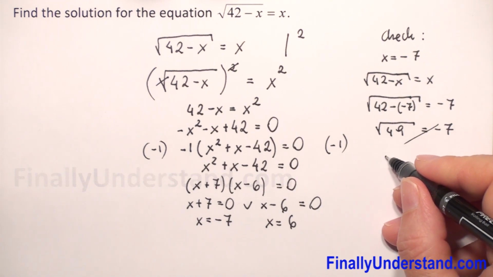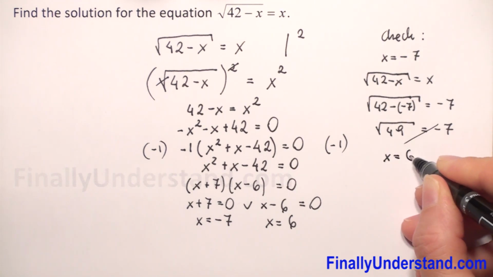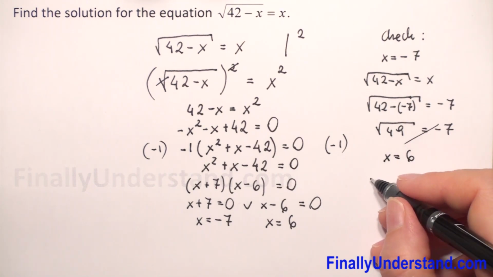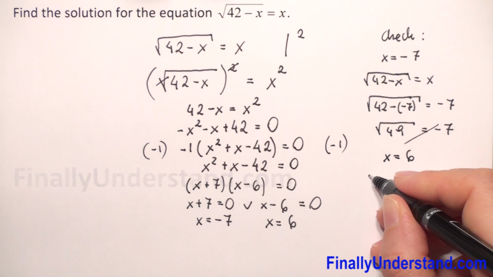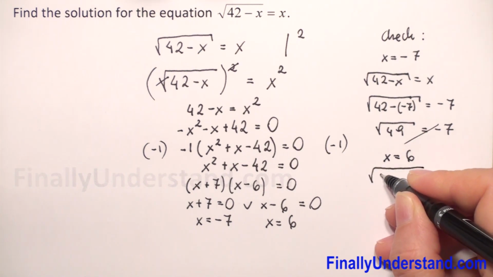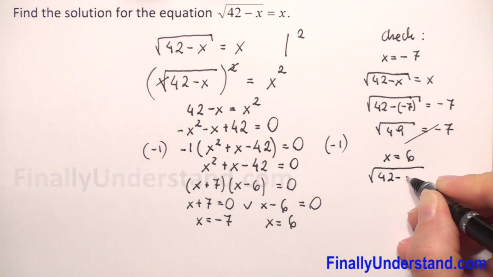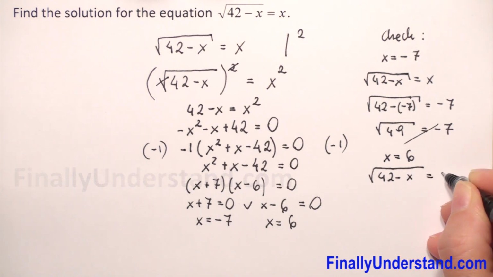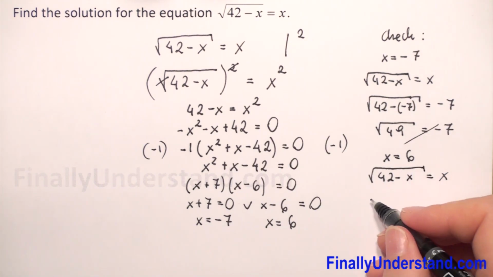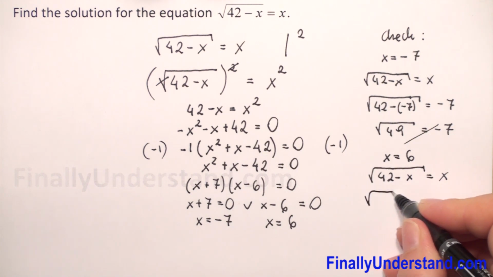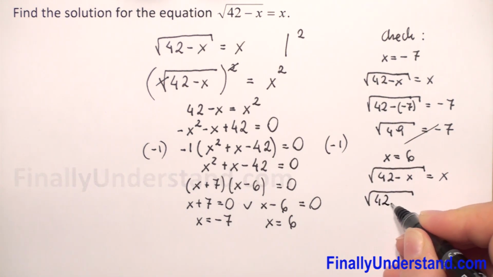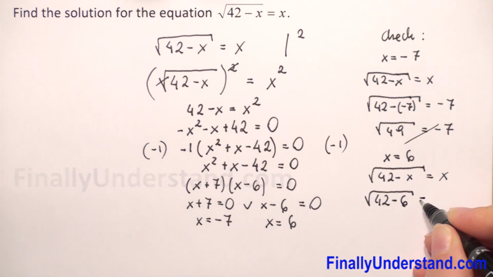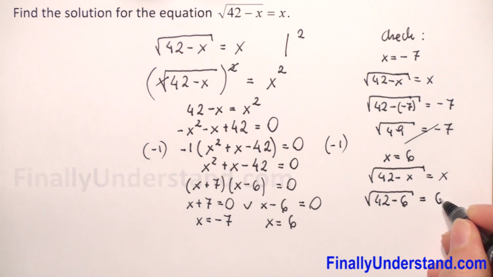And when x equals 6, first let me rewrite our equation. We have square root of 42 minus x equals x. So we have square root of 42 minus 6 is equal to 6.